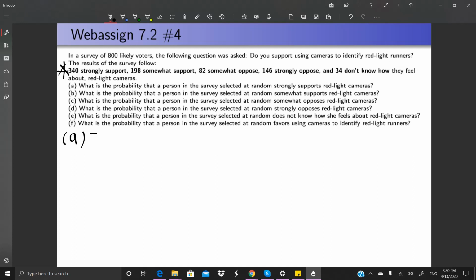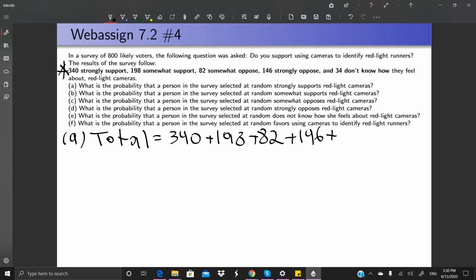The total number of people surveyed would be 340 plus 198 plus 82 plus 146 plus 34, right? Add these up, and whatever that comes out to will be your total. So this will be the denominator in the fraction for probability.